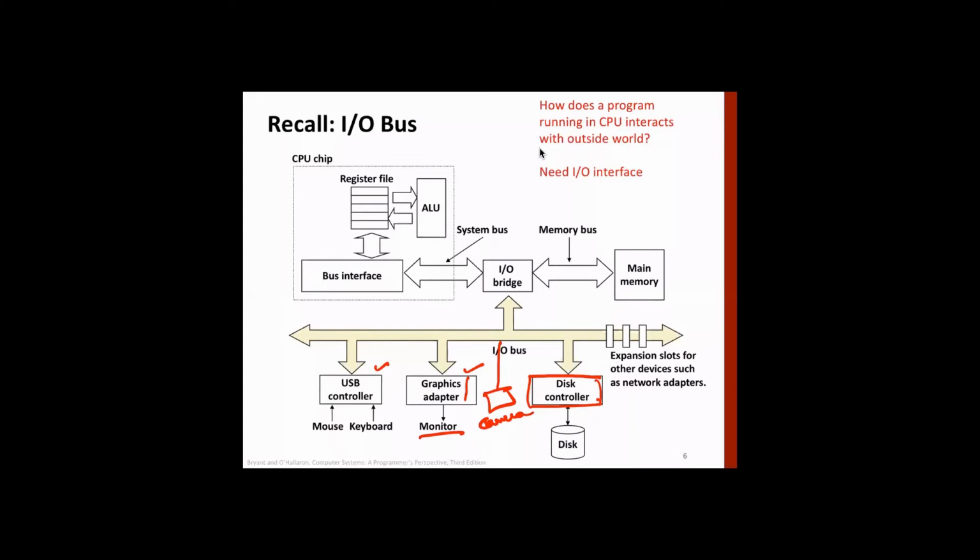Okay, so we'll come back to this diagram a little later, and note that in a system there are multiple buses. There is a system bus which is a very high speed bus. Okay, it usually connects the register file to some components. Here in this case, this is a hierarchical structure where we have a memory bus that's connected to the system bus directly.